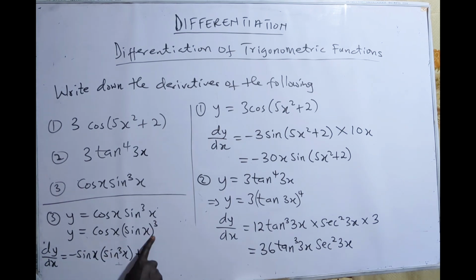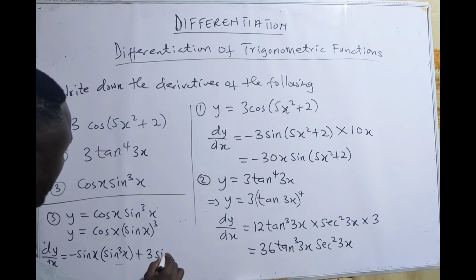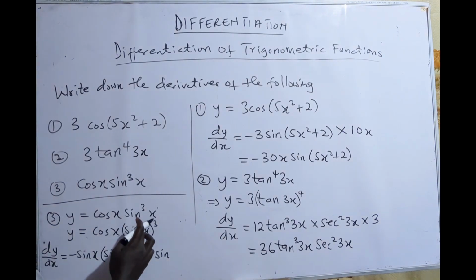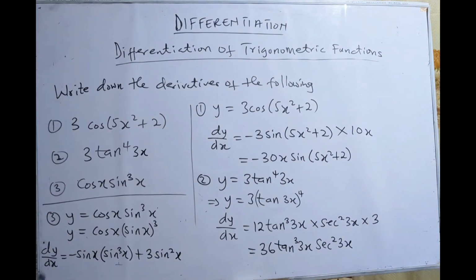So when I differentiate this, I'll take the 3 to come here to be 3 sine, then the exponent becomes 3 minus 1, which is 2: 3 sine square x. Because it's the chain rule, after you have done this, you also multiply by the differentiation of what is in the bracket here.